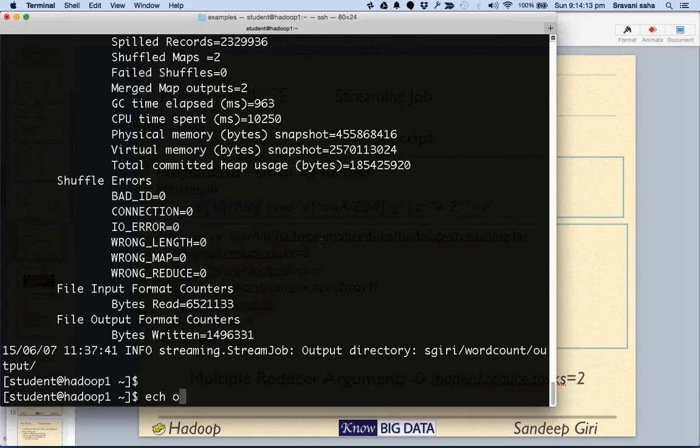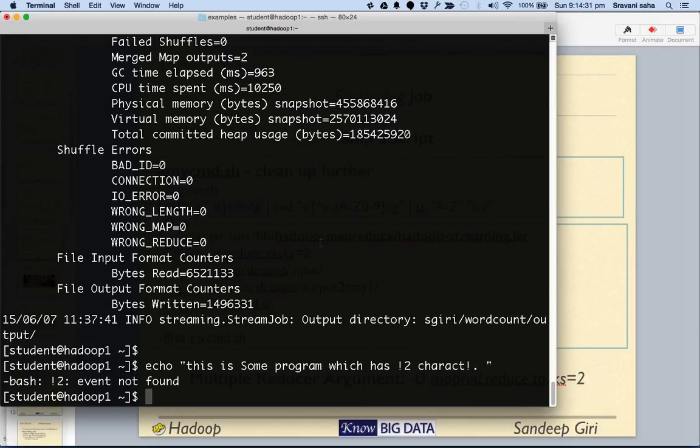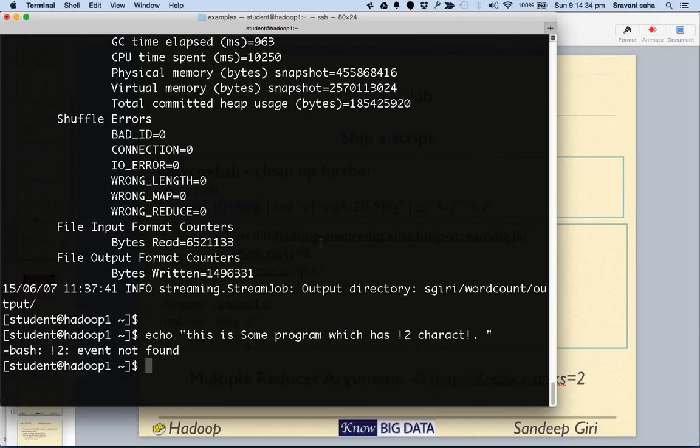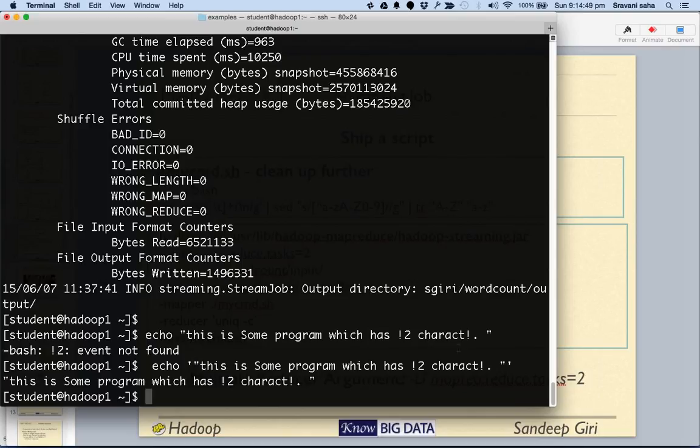Let's say we echo: this is some program which has weird characters everywhere. This is not even running for me. Okay, now you can see that this is some program which has these characters.